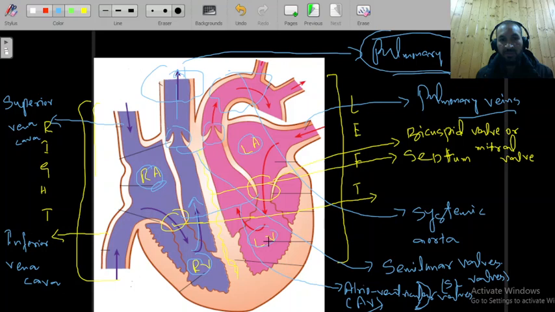Once the right ventricle or left ventricle pump their blood into these arteries, these valves close to prevent the backflow of blood. Same when from the auricles the blood rushes down into the ventricles, these atrioventricular valves close so that the blood is prevented from flowing back into the atria.